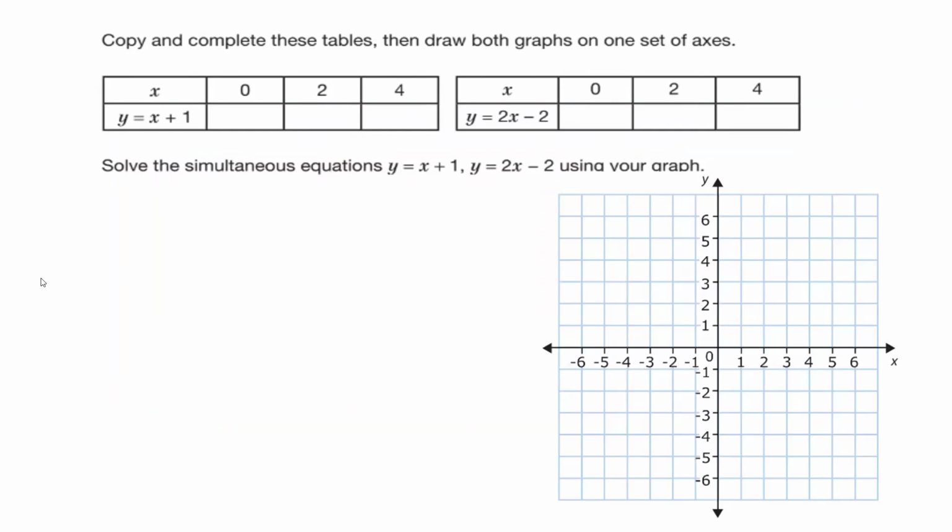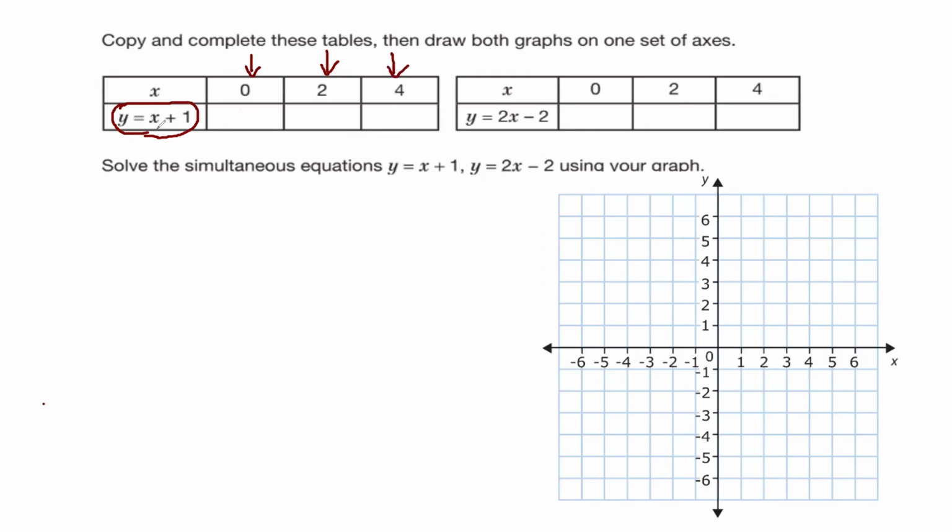This example is asking you to solve these simultaneous equations using these two tables, which is called a table of values. It means I have, for example, the first equation, y equals x plus 1. I will substitute the x values by the x values in the table to find the y values.